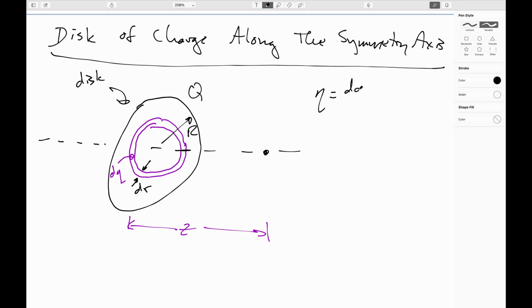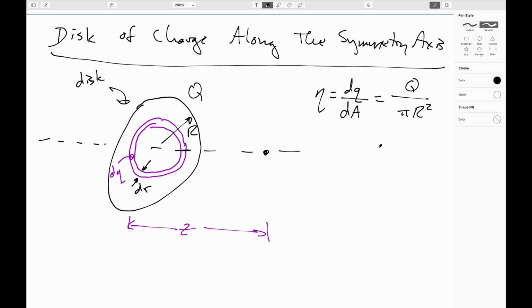And so this will be equal to dq over the differential area of this ring. We'll have to be a little careful about that, but we'll get there. This will be equal to the charge of the whole thing over the area of the whole thing.